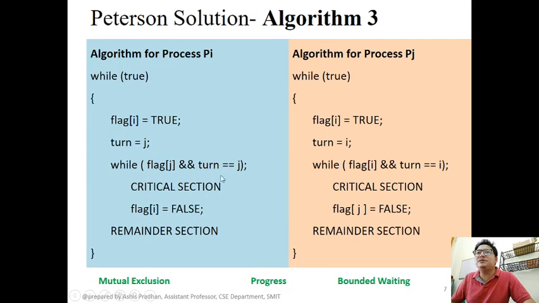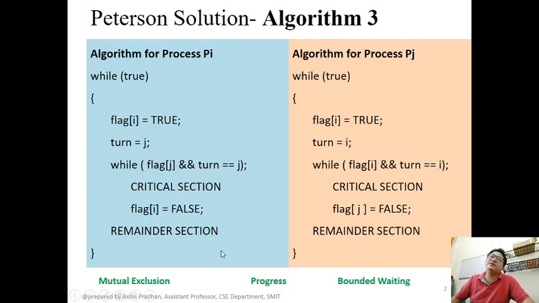So turn is a single-valued variable which can hold only one value, i or j. So if this condition is true for pi, it is very obvious that for pj this condition will be false. If this condition is true, the other will be false due to this.